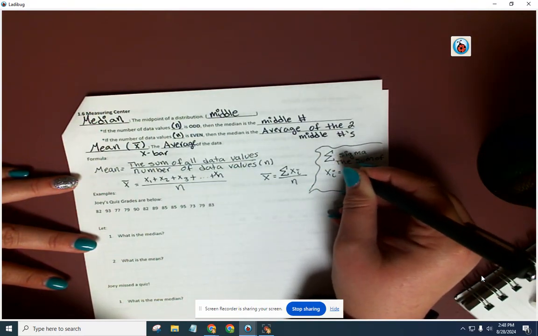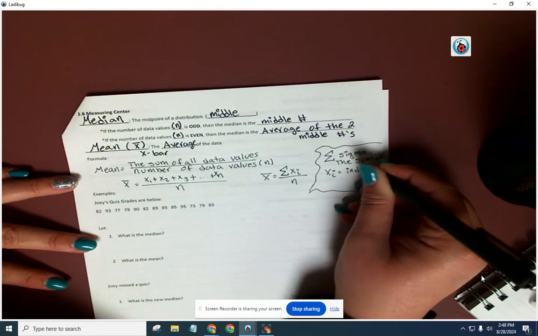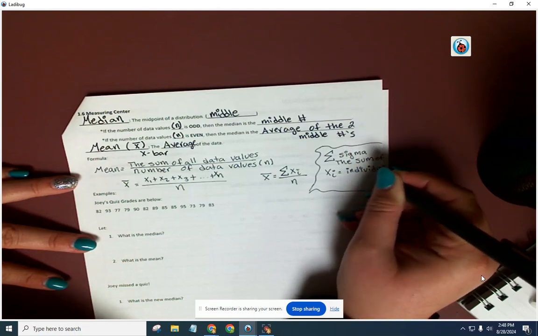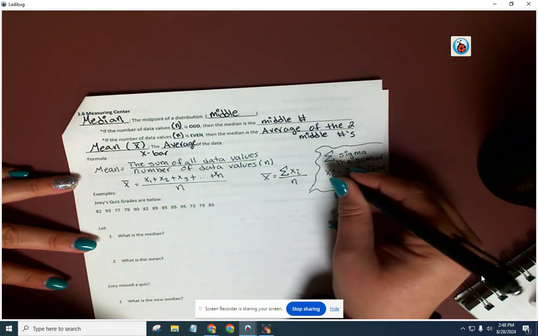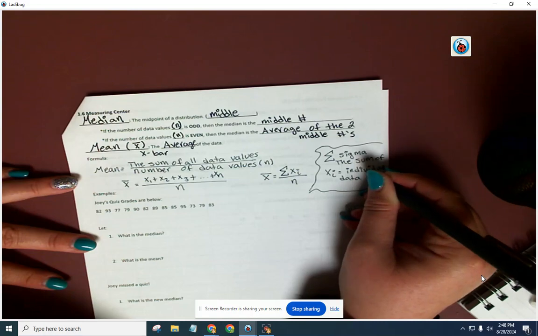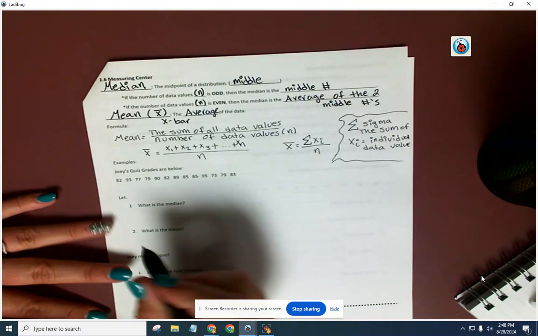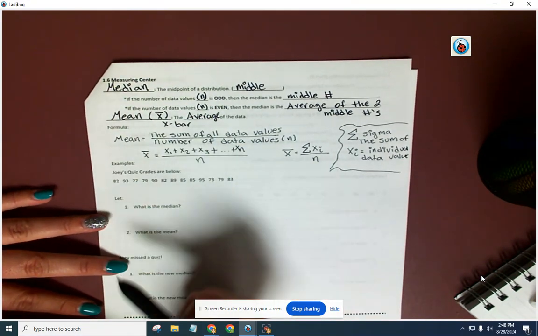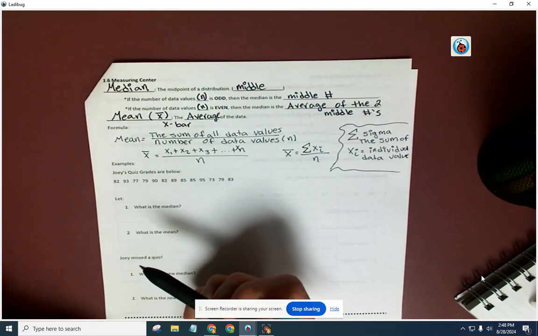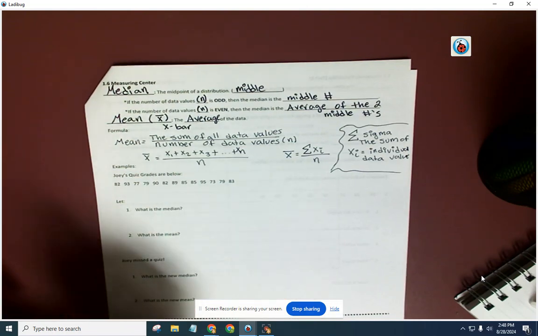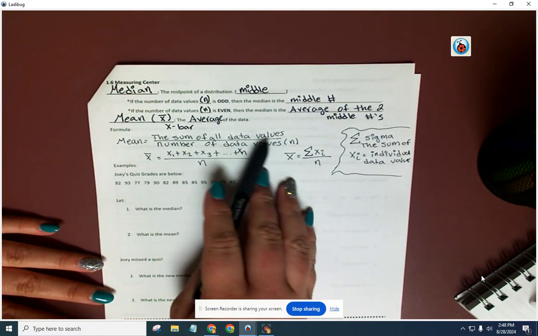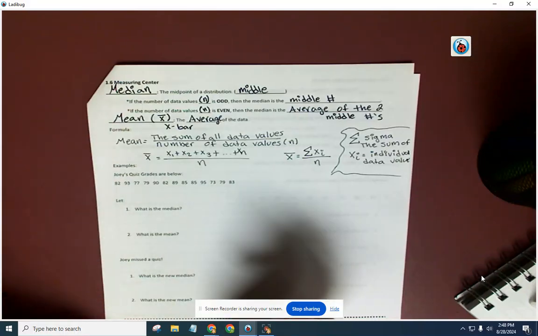This means that it is an individual data value. Here we go. And there we have the three different ways that you can write the formula for mean. So remember, it is just adding up all the values and dividing it by the number of values.